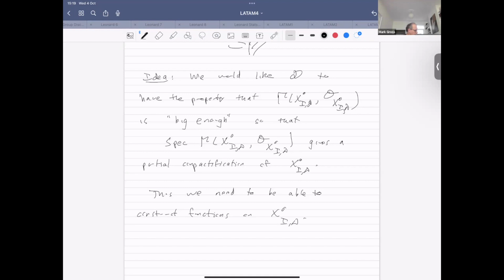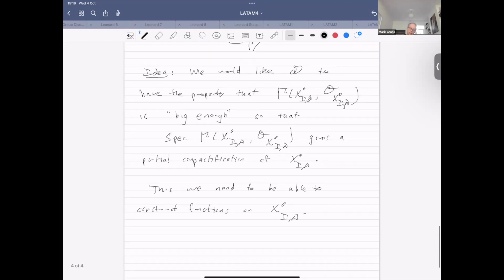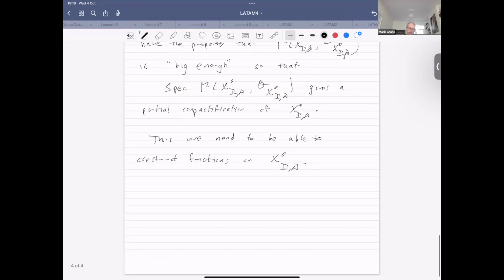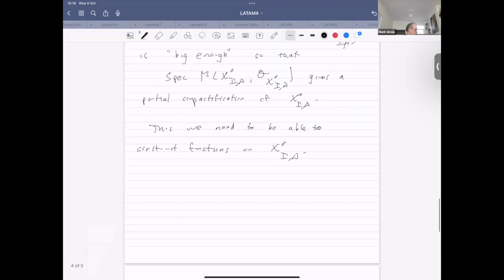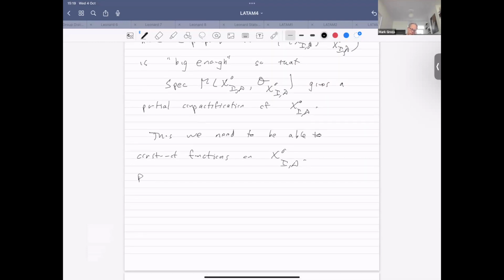This is the key additional idea that we're going to need, past what I've already told you, and it is a concept which we call broken lines. So we fix the data X_D, P, and the scattering diagram D as above.